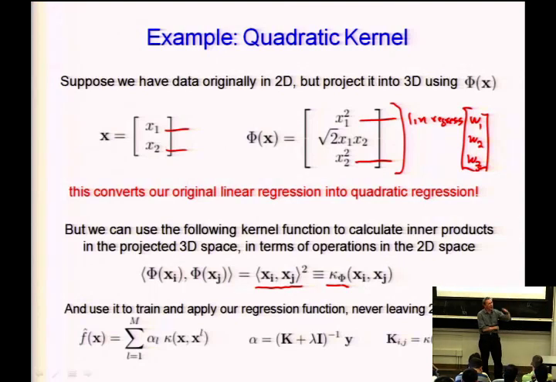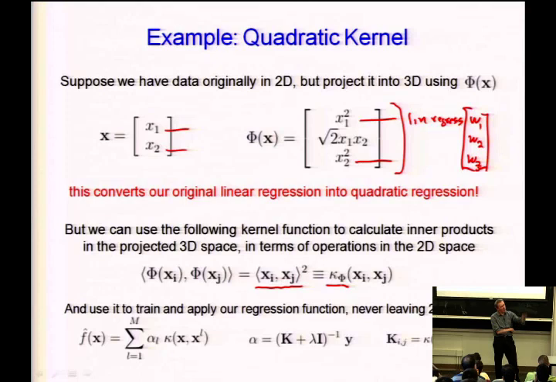Because if you think of the derivation we went through, even though it went through kind of quickly, it's literally the case that if we solve those formulas that involve the dot products, we will be able to calculate the W vector in the primal space that minimizes the exact objective function that we talked about.